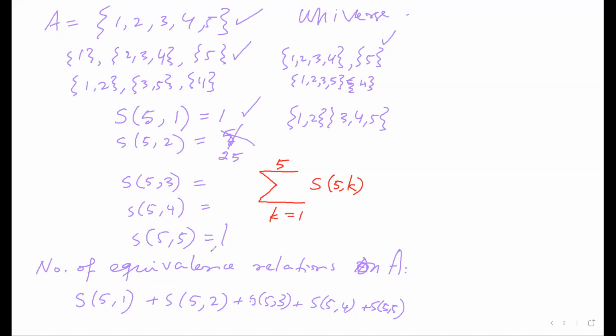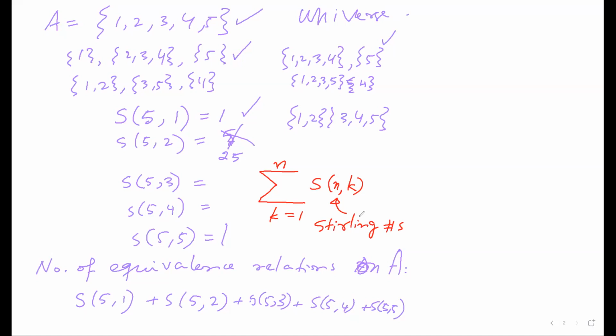If instead of 5, what happens if we take n? Then this will become S(n,k), summed over k up to n. That is the number of equivalence relations on a set with n elements. These things are called Stirling numbers. There are two kinds of Stirling numbers: Stirling numbers of the first kind, and Stirling numbers of the second kind.